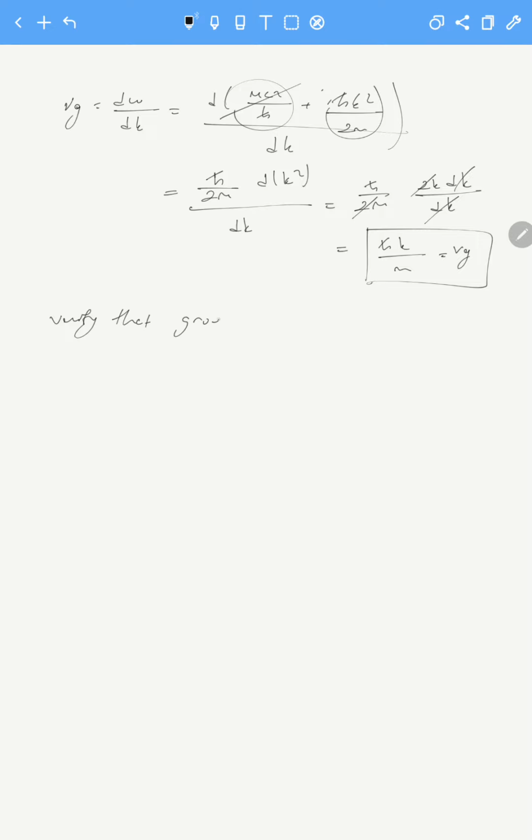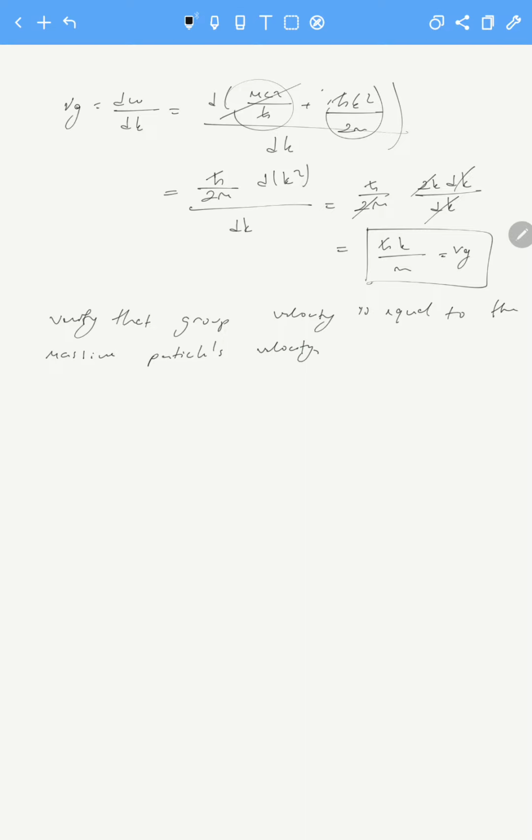Now we are asked to verify that the group velocity is equal to the massive particle's velocity.